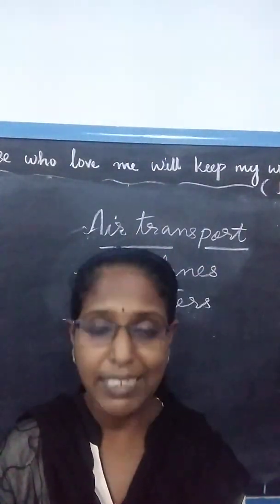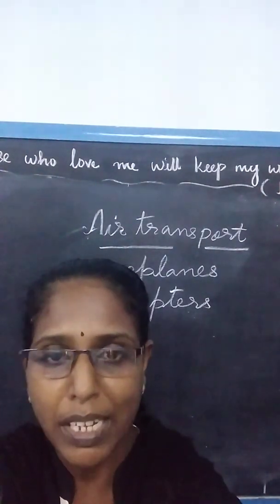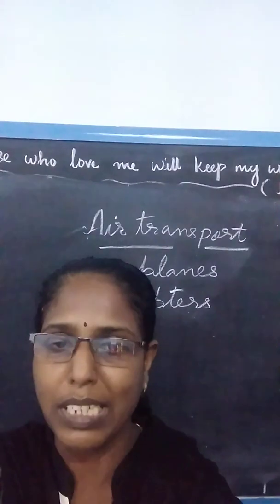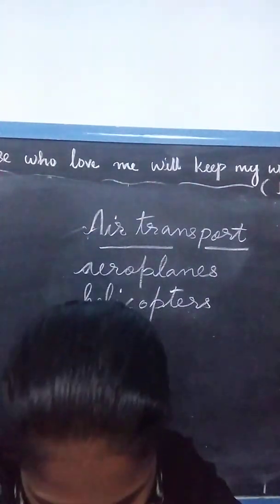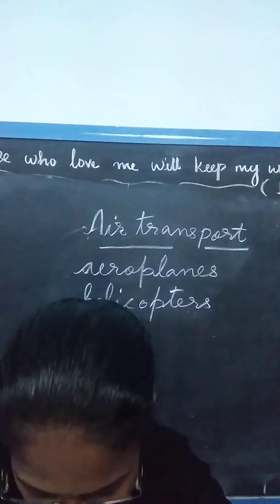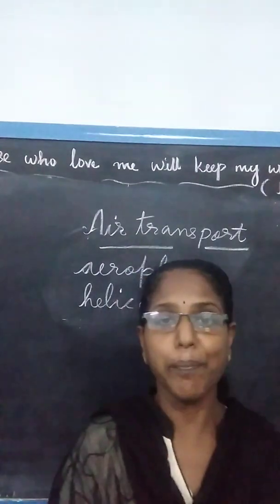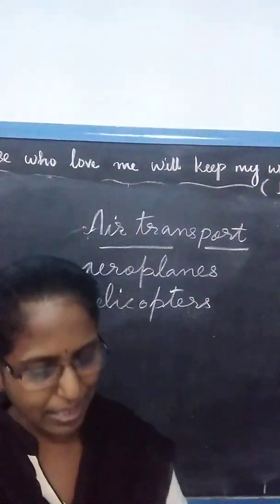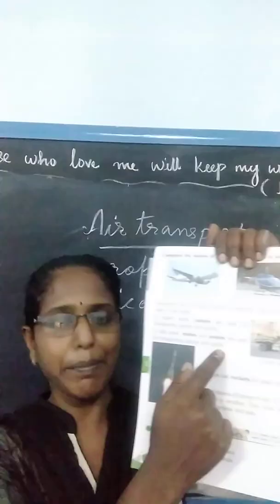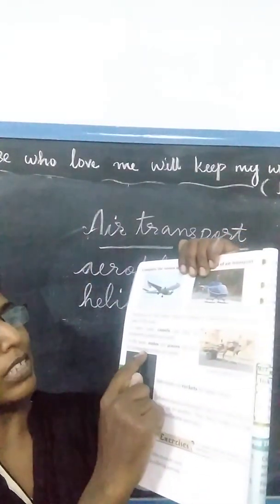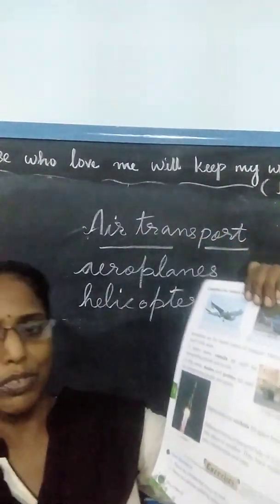Then in desert areas, there mostly we are using camels to travel and to carry goods. And in hilly areas, mules and ponies are used for transporting people and goods. These both are animals.